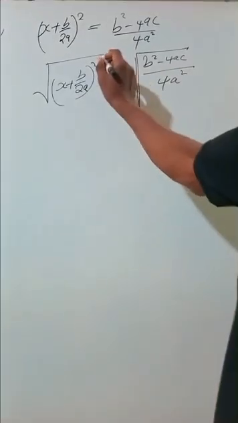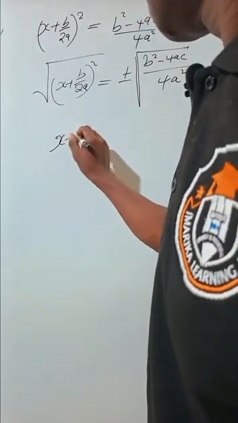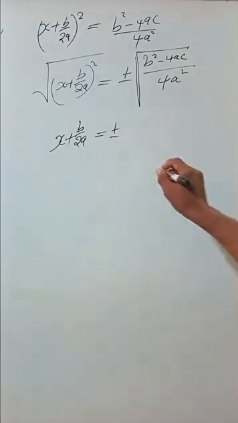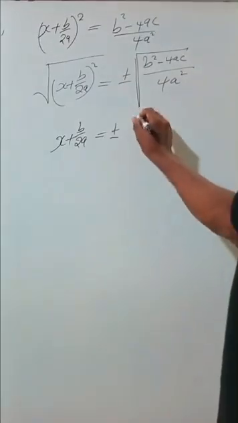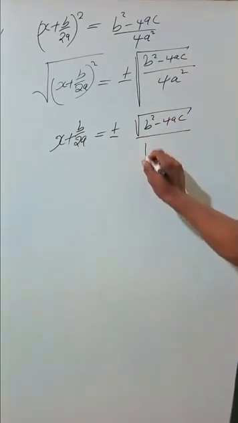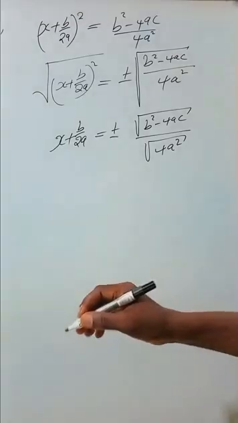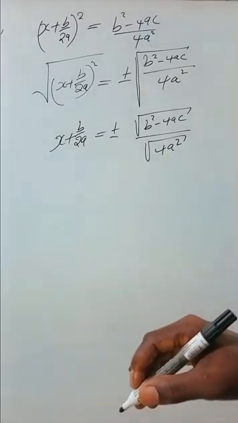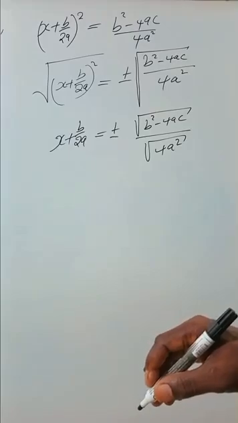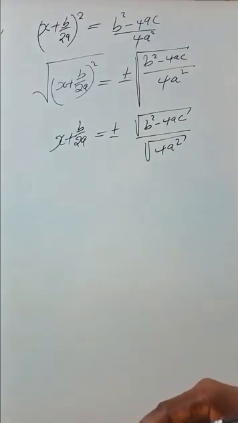The square root of a square number is the number, so it will be x plus b over 2a equals plus or minus, we take the square root of the numerator, b squared minus 4ac, then the square root of the denominator 4a squared. The numerator, we don't have a linear factor, but on the denominator we have 4, which has got a square root.